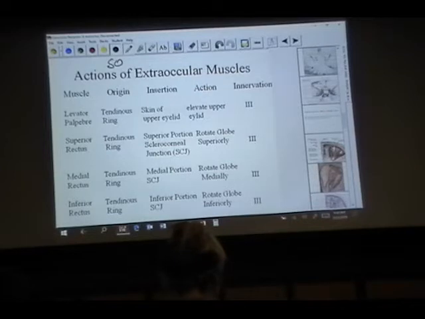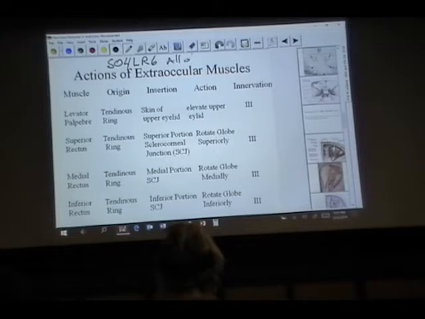Which cranial nerve? 4. Okay, superior oblique is innervated by a 4. What's lateral rectus innervated by? 6. So SO4, LR6, those are the 2 muscles that are different as far as their innervation.